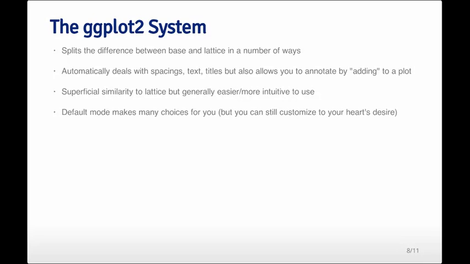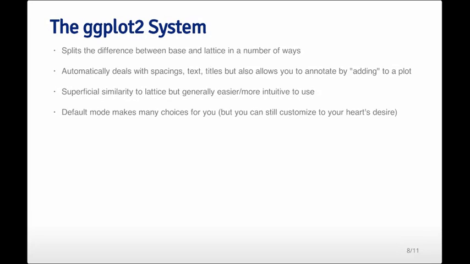On the other hand, a lot of the aesthetic calculations are done automatically without you having to directly control them. So things like spacings and labels are all put in the right place. So that's like the lattice system. The ggplot2 system is very useful for conditioning plots, just like in lattice, and so you can make those kinds of panel plots.